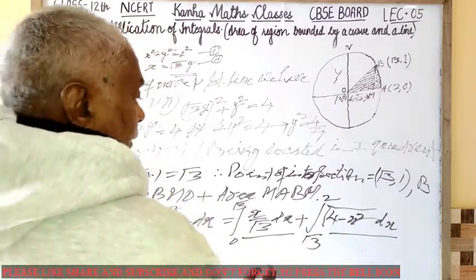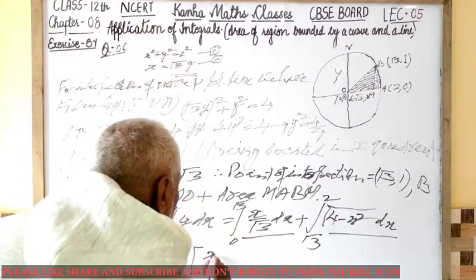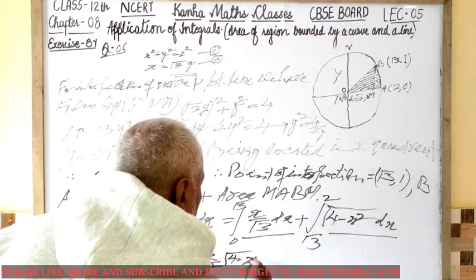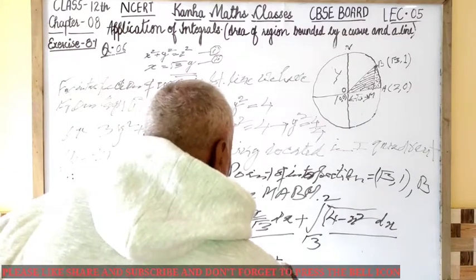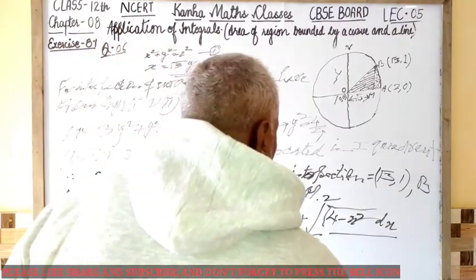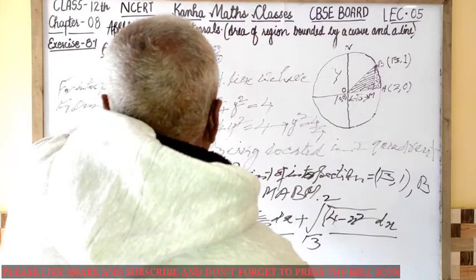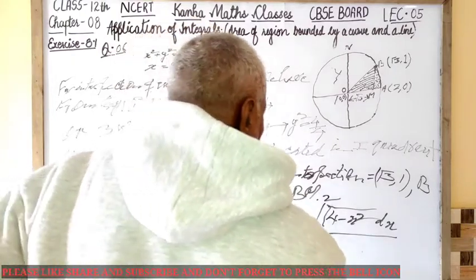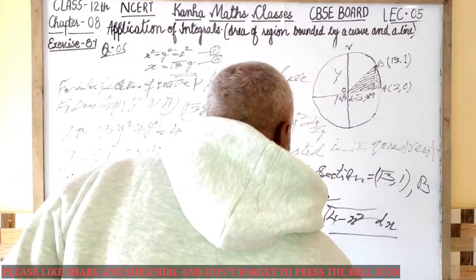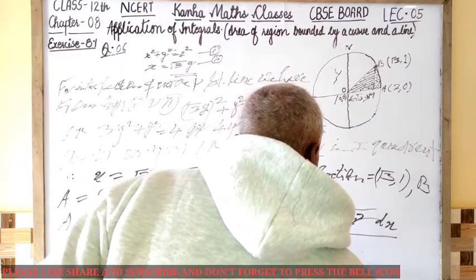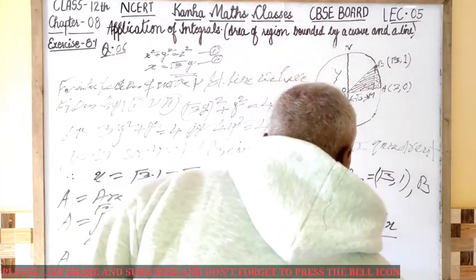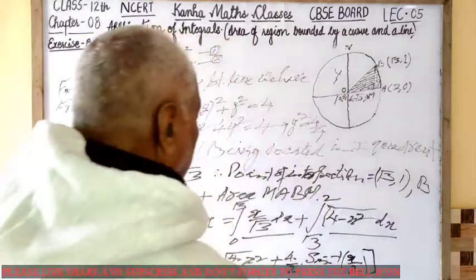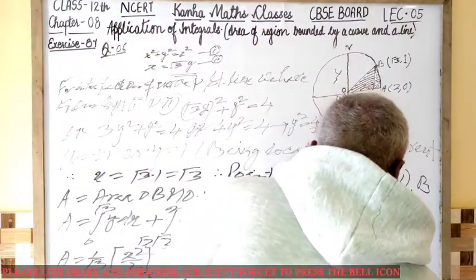In this terminology this will be x by 2 under root 4 minus x square plus a square by 2, a square means 4, so 4 by 2 into sin inverse x by 2, and the limit is root 3 to 2.